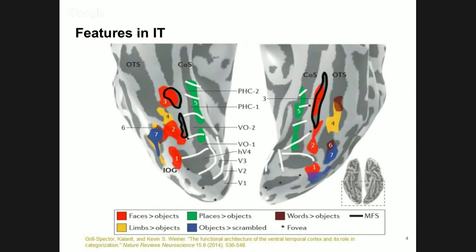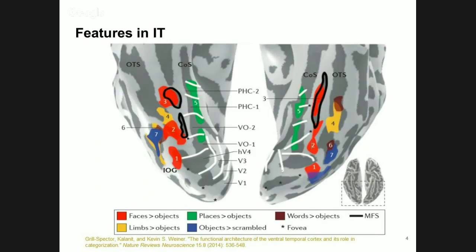And people already know that IT, the inferior temporal cortex, is more activated for some kinds of object categories in specific subregions. For example, this is the right hemisphere. So basically, these regions are more activated for faces than other objects. This is called OFA, this is called FFA1, this is called FFA2.